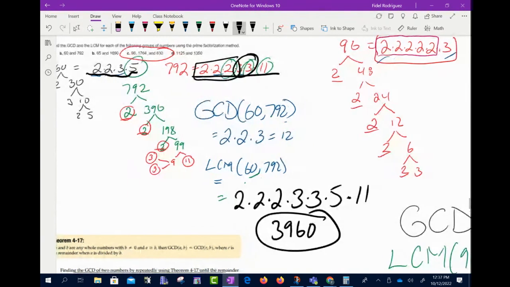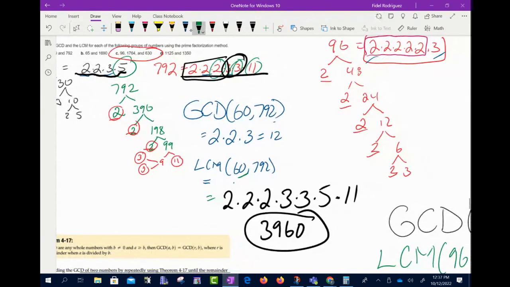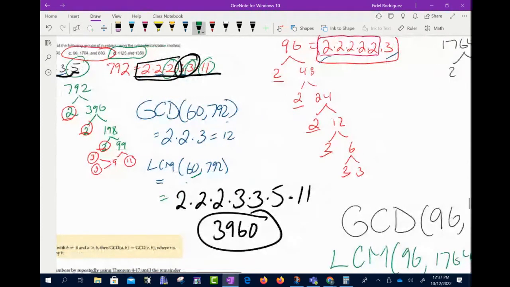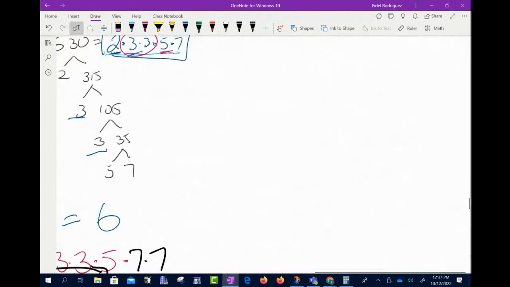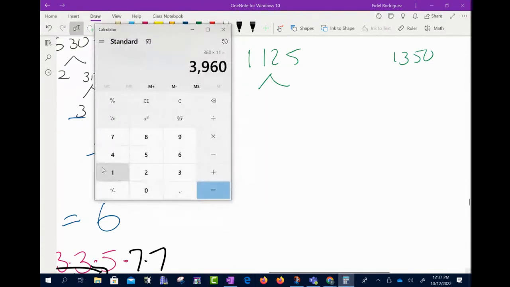All right, y'all, let's do one more. Let's do part D just again to make sure that we're doing this right. So 1125 and 1350. I know it takes a while to do. So 1125. The first thing I'm going to do, I know I can't divide it by 2.